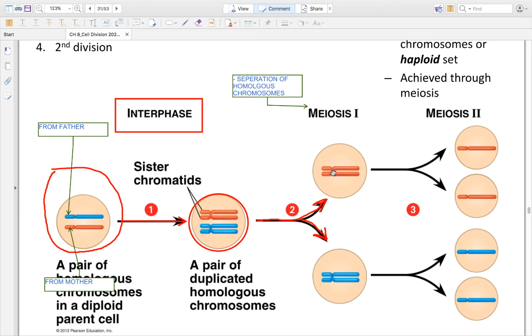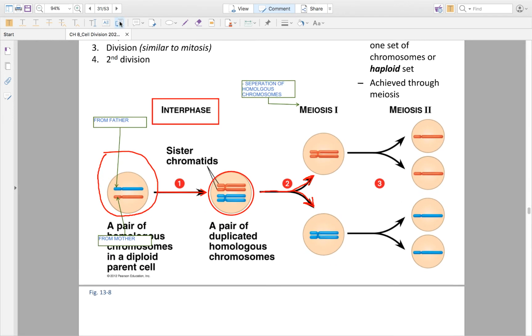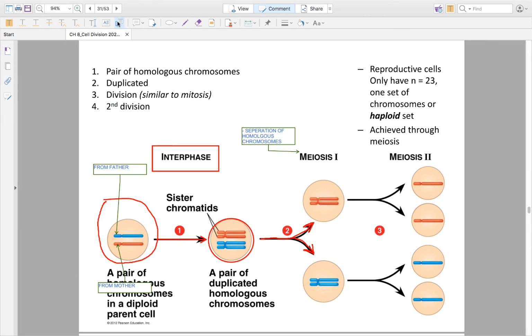So there's not another duplication, there's no more copying. We're just going to cut the sister chromatids in half. And that's what meiosis 2 is noted for. Okay, so the key process that's going on here in meiosis 2 is that sister chromatids are separated.